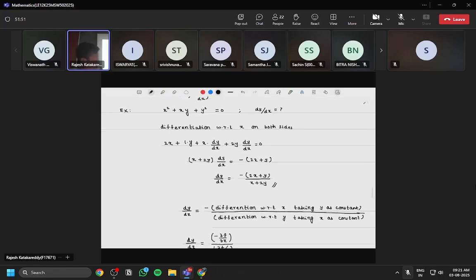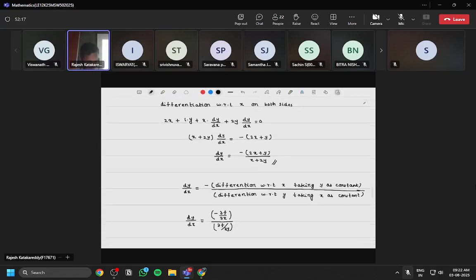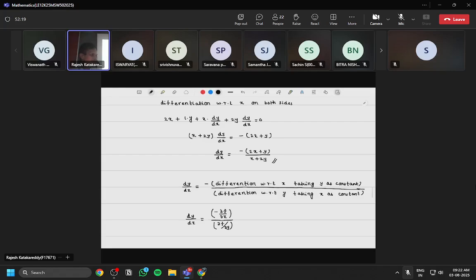If you want, you can verify this. 2x plus y is the derivative of this function with respect to x, taking y as constant: 2x plus y plus 0. Clear? In the denominator, if I do the reverse, 0 plus x plus 2y. Do you understand this? Any doubt in this, anybody? Can we move to the next one?